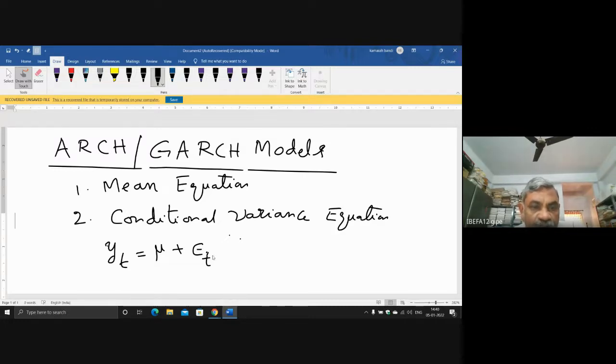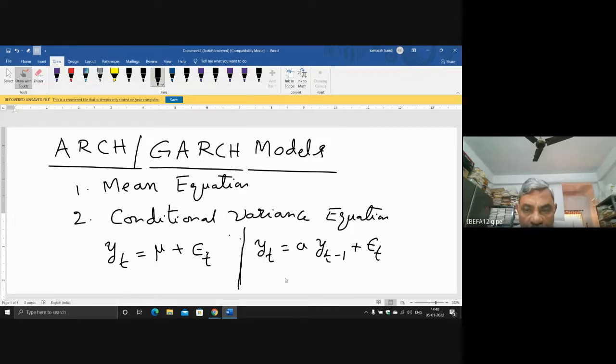This is the simplest form of the mean equation. It is possible that we can generalize the mean equation in many ways. For example, this y_t could be a times y_{t-1} plus epsilon_t. So this is simply the autoregressive kind of model.